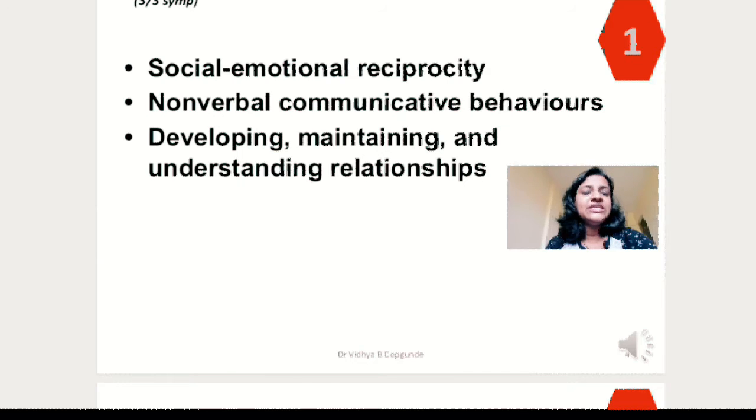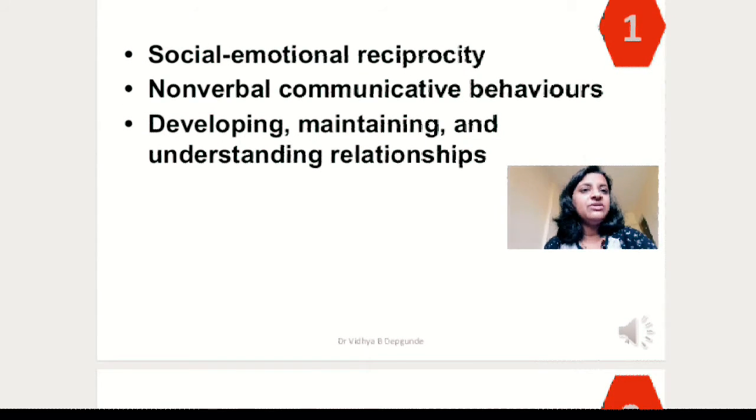He will not understand gestures, or he may be least interested in gestures. He will not understand somebody's tone of emotions, or how the situation is, whether everyone is sad or happy or joyful. So he will not be able to adjust to the communication pattern of the surroundings.